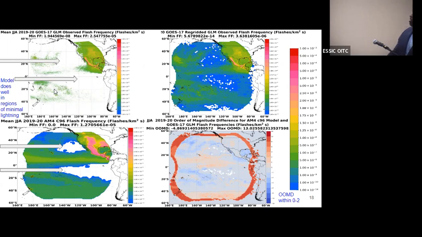The model does seem to do pretty good in picking out the places where there's minimal lightning due to the high pressure regions and the subsidence during this time of year in those regions. And again, the order of magnitude differences are fairly low.